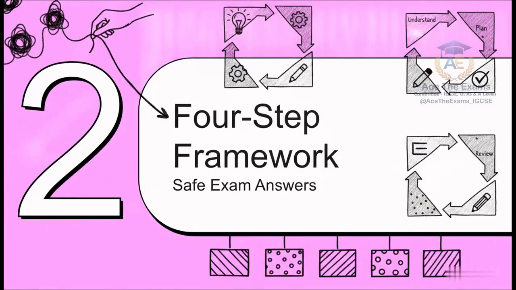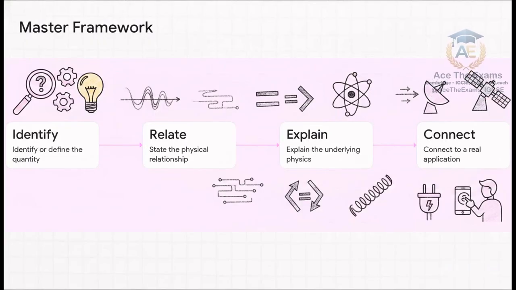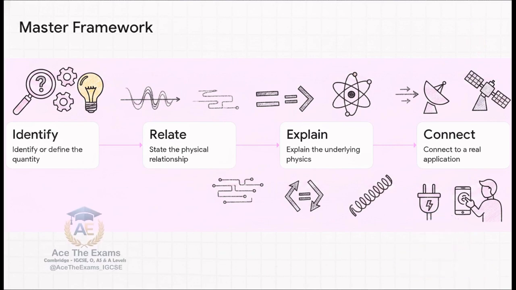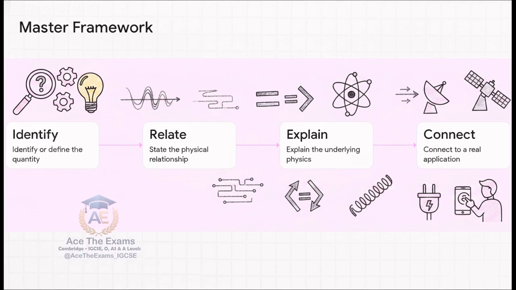Moving on to Section 2, the four-step master framework. To permanently stop those loose threads, you need a foolproof pattern to follow. Step 1. Identify or define the quantity or phenomenon. Basically, what are we actually talking about here? Step 2. State the relationship involved. This is where your formulas and rules come onto the scene. Step 3. Explain the underlying physics.